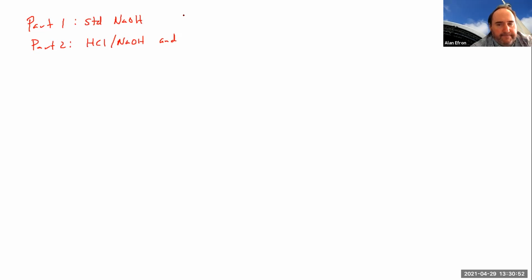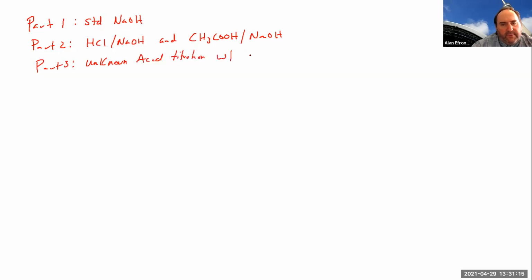I think so. So I think it's acetic acid and sodium hydroxide. So you can again create these curves here. And then part 3 is going to be an unknown acid titration with, I believe, sodium hydroxide in this particular case.